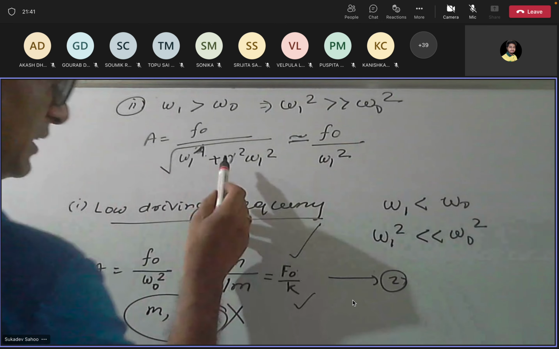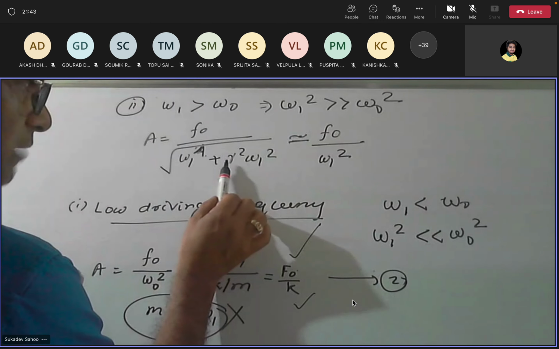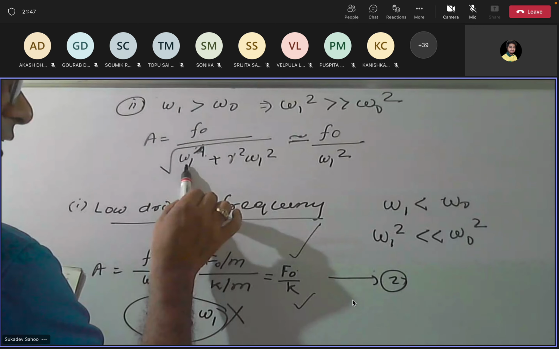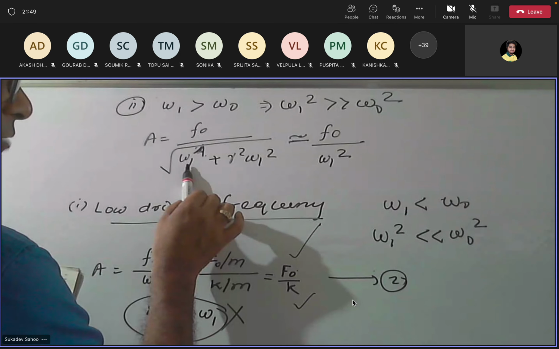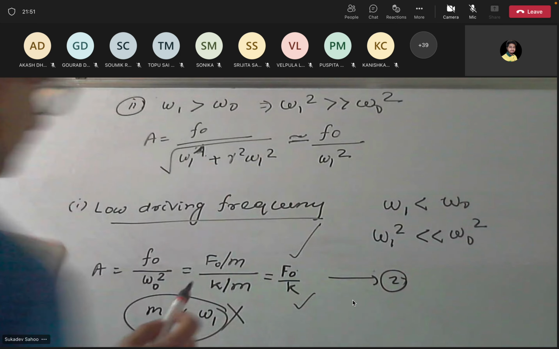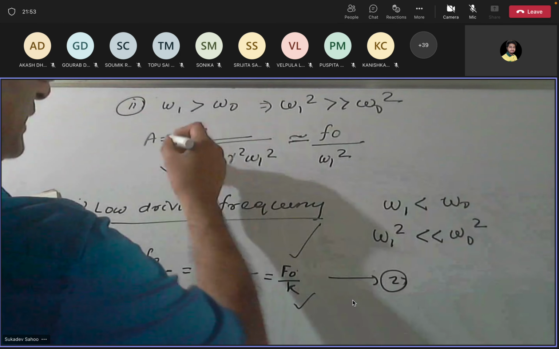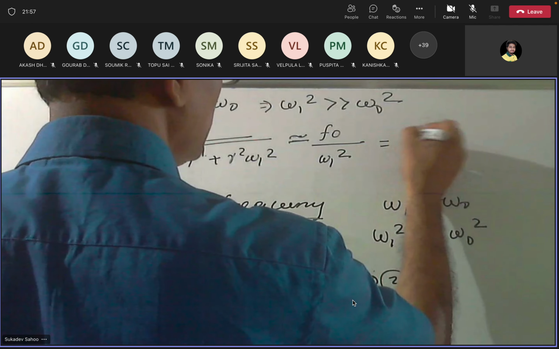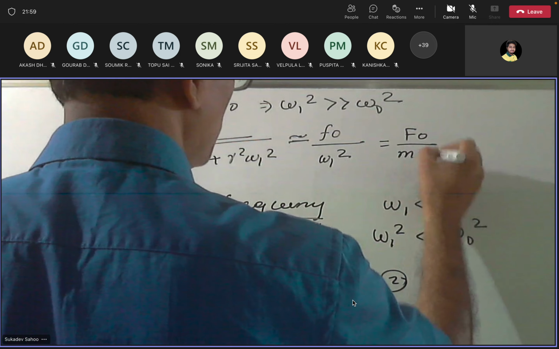Because when the damping is small, in that case gamma square omega 1 square will be negligible in comparison to omega 1 to the power 4. So in that case we can write amplitude equal to this one, F0 divided by M omega 1 square.